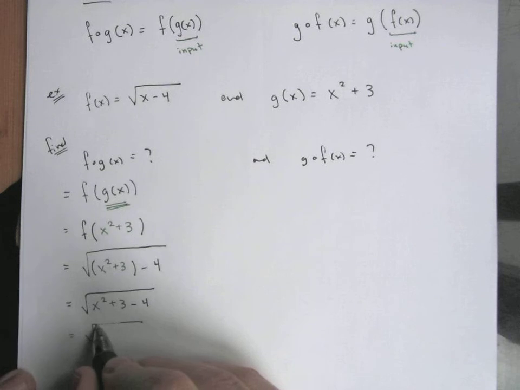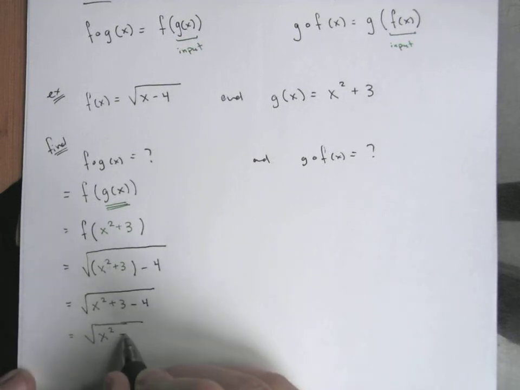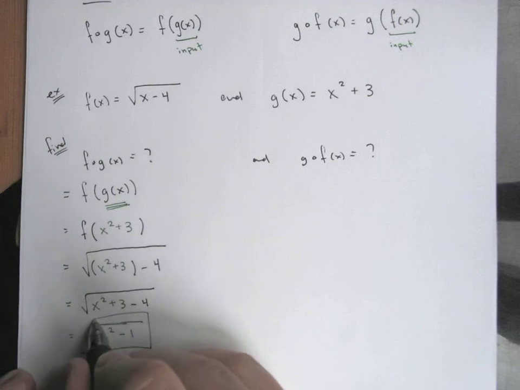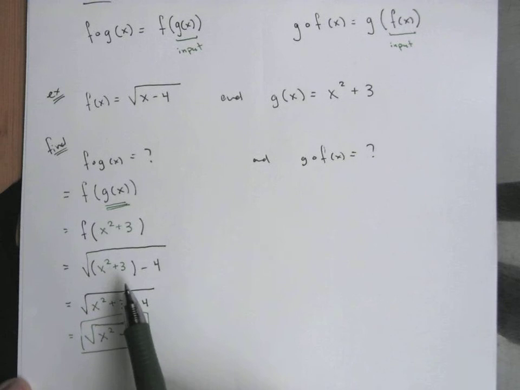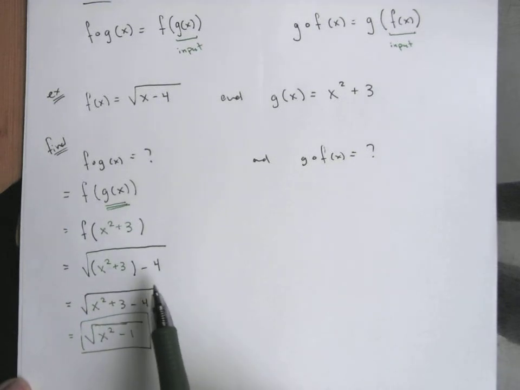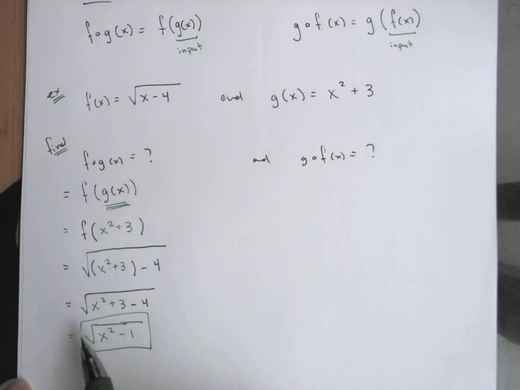So our final version is going to look like the root of x squared minus 1. Nothing more to do. If for whatever reason the numbers fully canceled out, if this was a plus 4 and a minus 4, for example, and we were just left with x squared, then we could take the root of x squared and get all the way down to an x. That would be kind of cool. But that's not what we have here. We have something a little bit different.